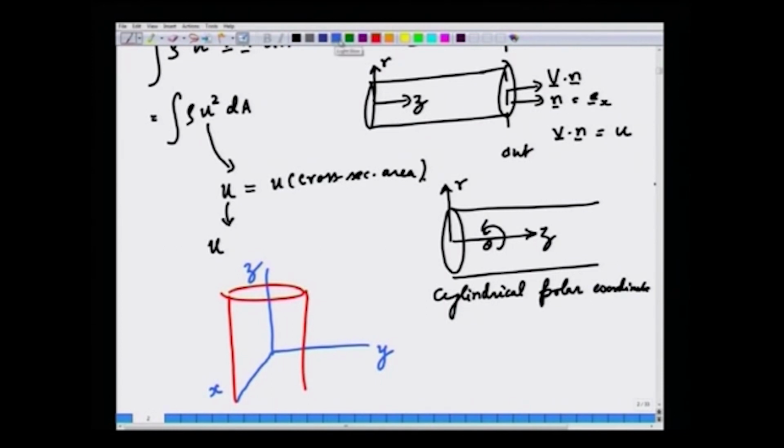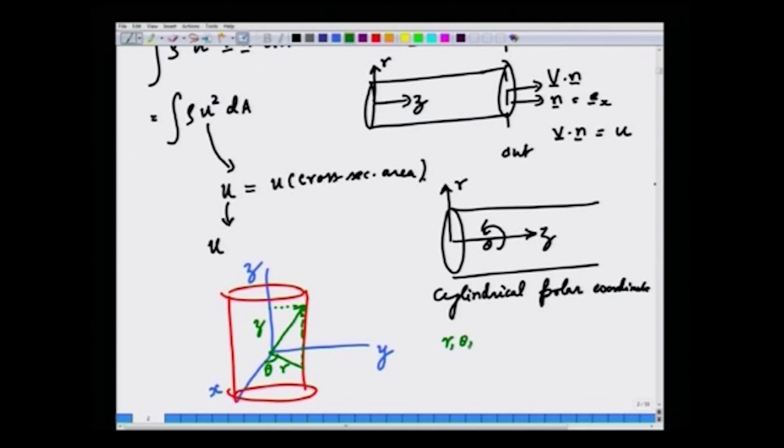Any point, in this cylindrical coordinate system, is denoted by its position vector. First take the projection of the position vector with respect to the xy plane. The distance from the origin to the projection is r, the angle made with respect to the x axis is theta, and the vertical projection is z, which remains the same.